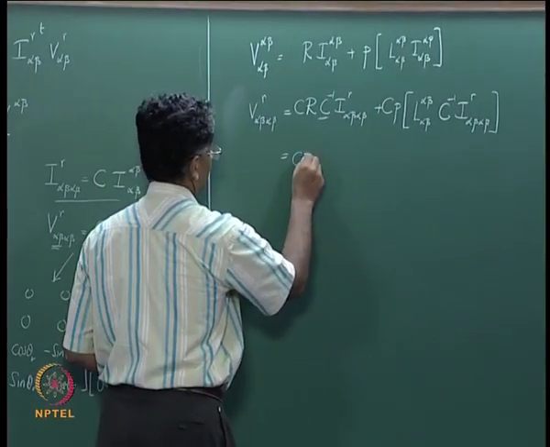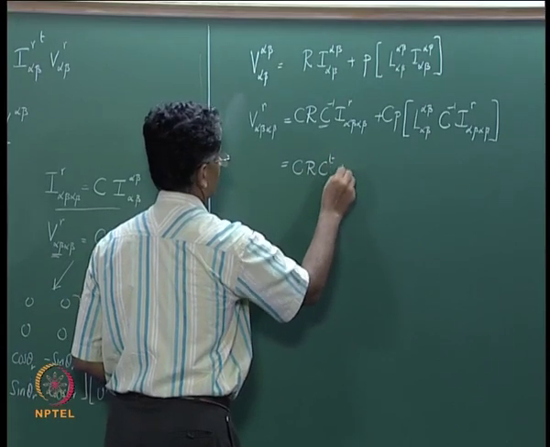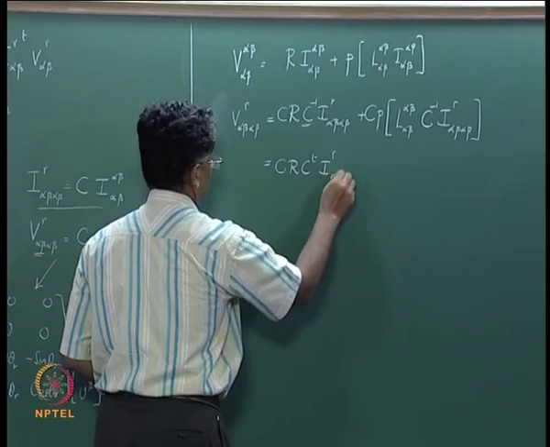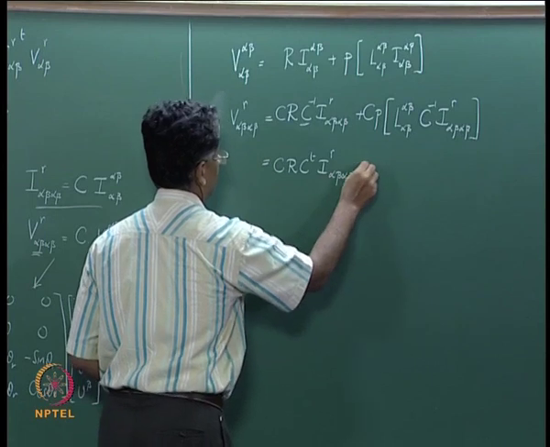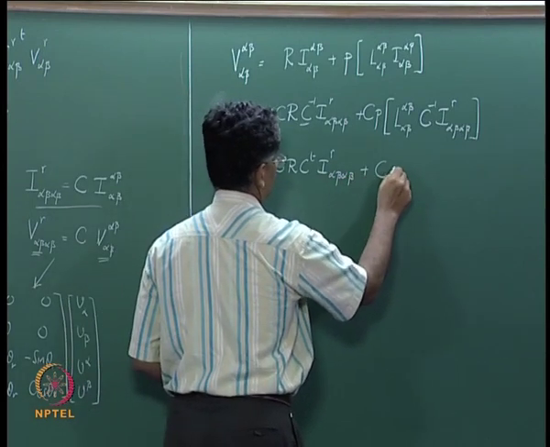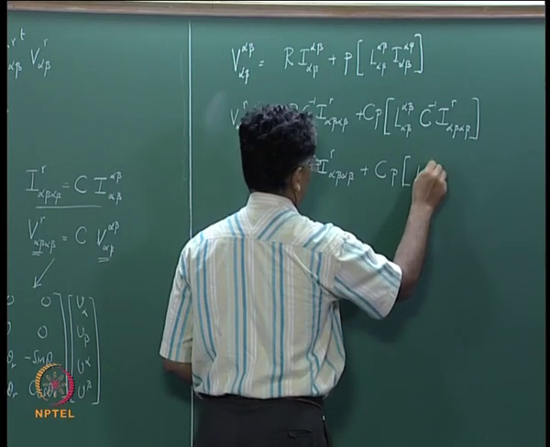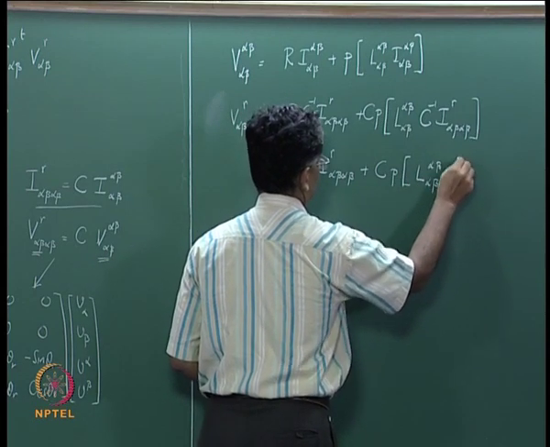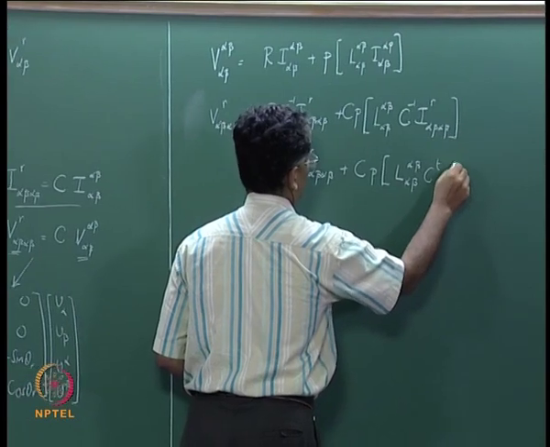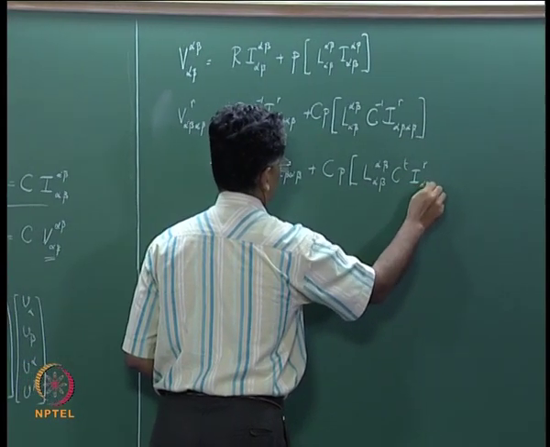and therefore this can be written as C R C transpose I R alpha beta plus C times P of L alpha beta C transpose I R alpha beta.